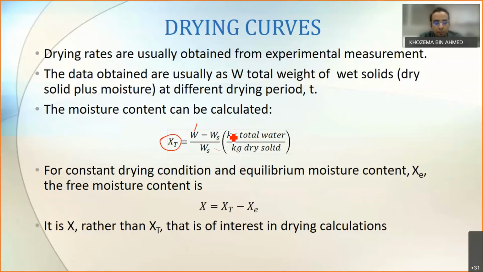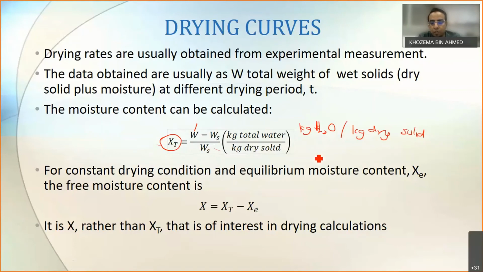So when you want to get the total amount of water in your wet solid, you take the total weight of the wet solid minus the total weight of the dry solid, divided by the total weight of dry solid. When we do this expression, we automatically get the unit for our moisture content, which is kg H2O over kg dry solid.